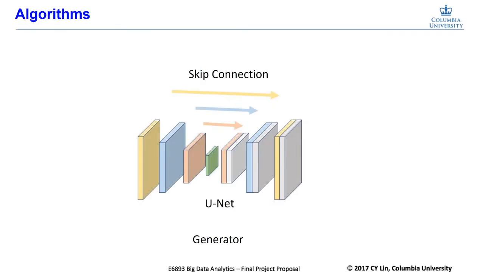Our generator has the structure of a U-Net, which means first we have several convolution layers and then several deconvolution layers. We will concatenate the convolution results to the corresponding deconvolution layers to form skip connections. This is very important for colorization because it helps us keep more information from the original images.